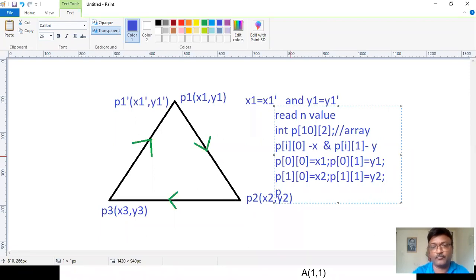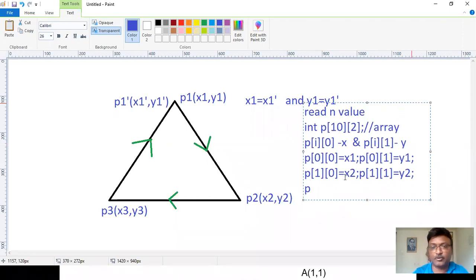Now the next value becomes p of 2 0. So p of 2 0 is the value x3, and p of 2 1 becomes my y3 value. So this is the way that you can store.